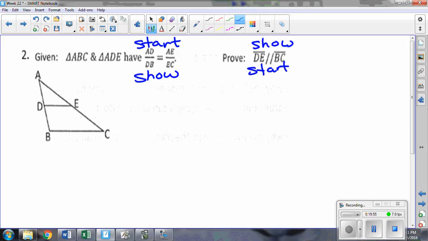Working backwards, we will show that the lines had to be parallel. Now there are a little bit of risks to this. In particular, earlier we used the fact that parallel gave us corresponding angles are congruent, and that's how we created the similarity before, based on angle.